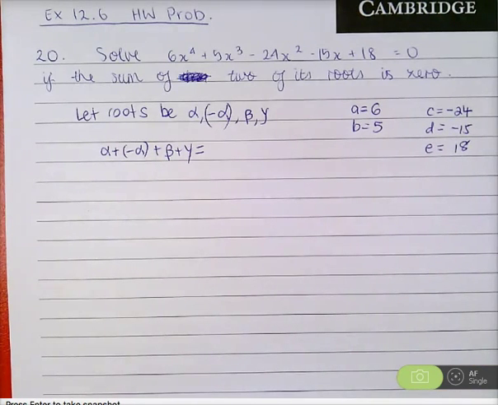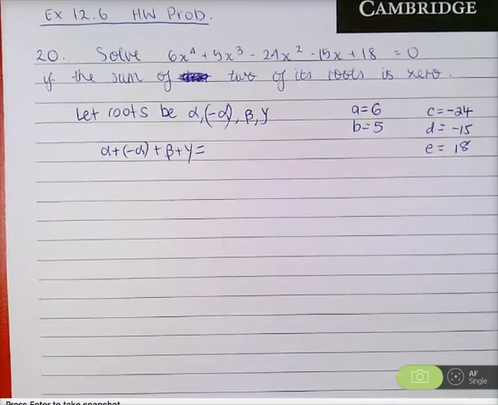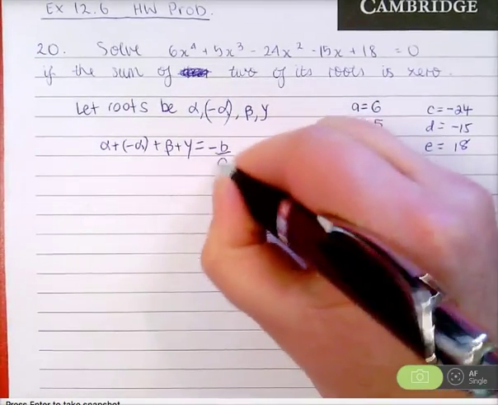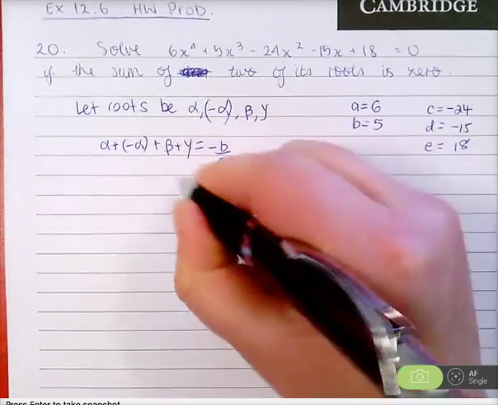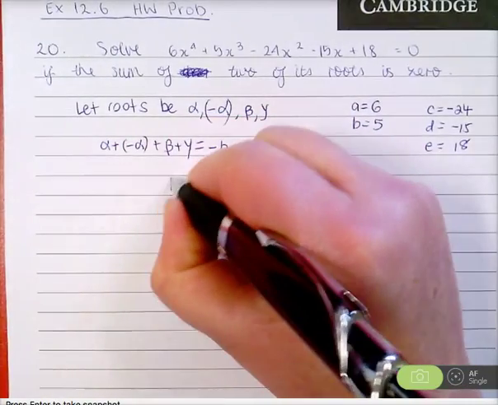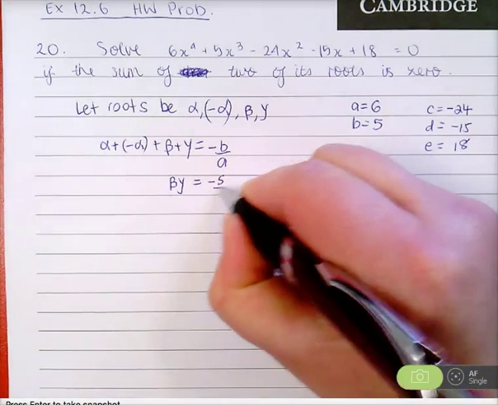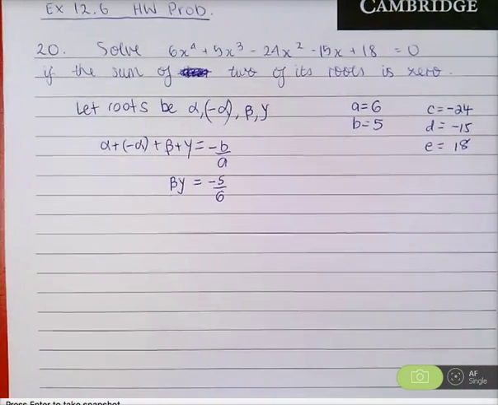And remember, we go minus B on A, C on A, minus D on A, E on A. We always start with minus B on A. So sum of roots one at a time is minus B on A. So if you do alpha plus minus alpha, you get beta plus gamma. Now, what's negative B on A? It's negative 5 on 6.